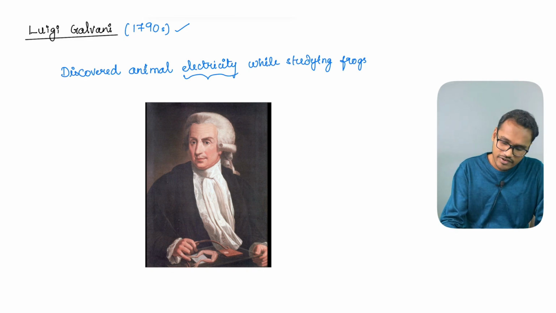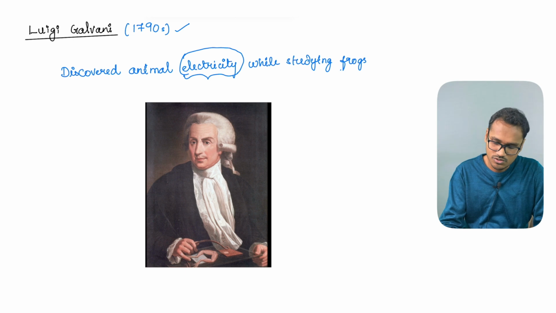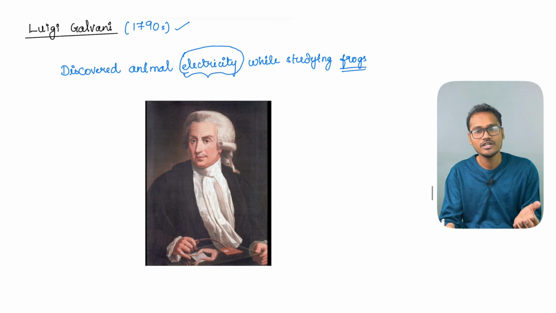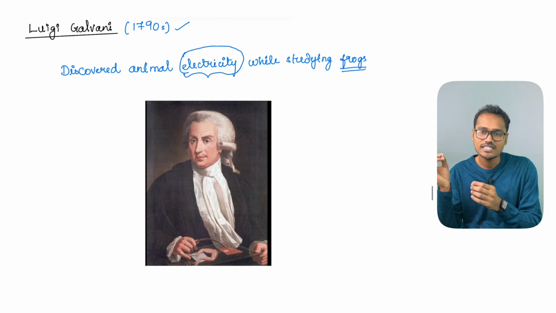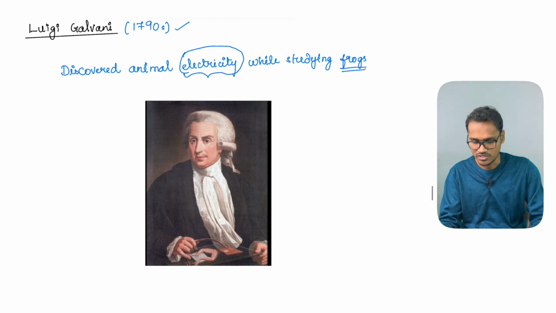This finding led to the observation that electrical activity can be conducted via the muscles. He was doing this study on frogs. Accidentally he found this out: a lightning strike hit the dead frog, and even after death its muscles started twitching. So he understood that electrical activity can be generated in muscle.